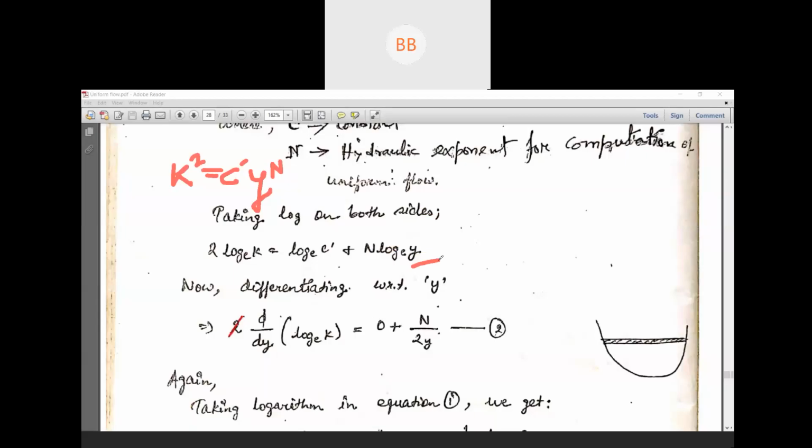So if we take log, it will be twice log e K is equal to log e C dash plus N log e y.